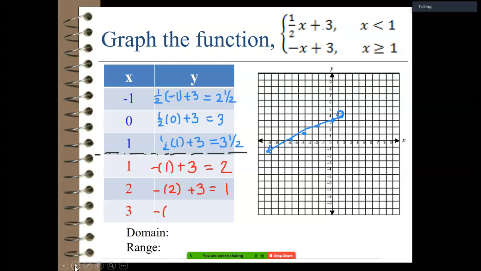Plug in 3, and we get 0. On the second equation, it's equal to the value 1. So this is a closed point on my graph because it's equal at that point. So when I plot the point 1, 2, I'm going to plot a closed circle.